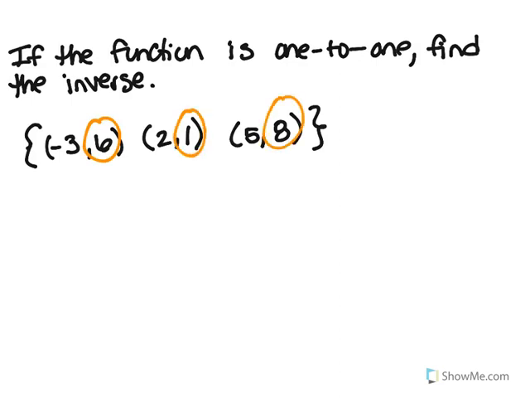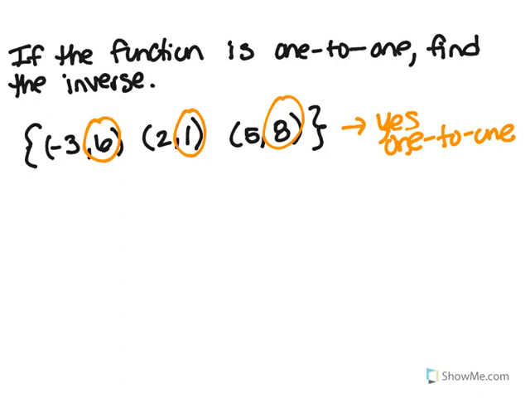And you see they're different numbers. 6, 1, 8, nobody's repeated. So, yes, this thing is 1 to 1. I shouldn't say yes, inverse. Let's say yes, it's 1 to 1, which means it has an inverse.